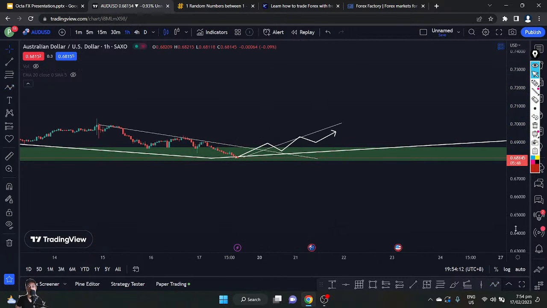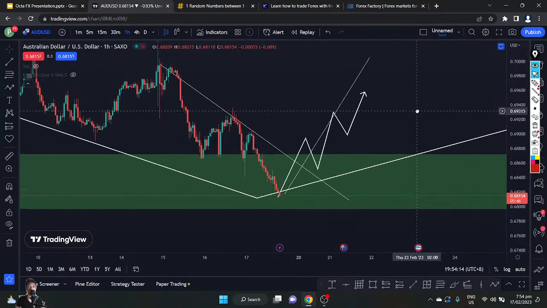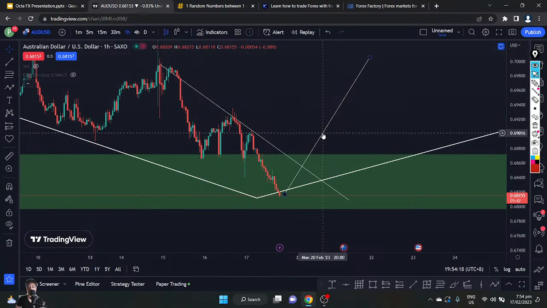So the conservative traders will likely wait for the price to break this trend line before taking a long trade. Okay, so that's the main difference of how conservative and aggressive traders are trading.